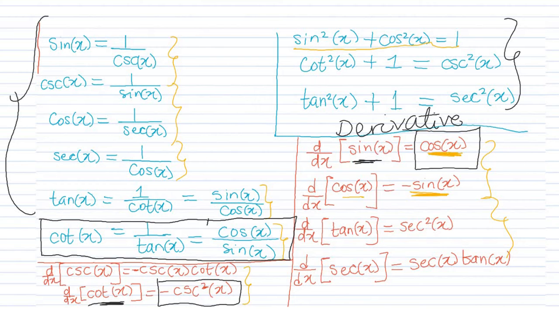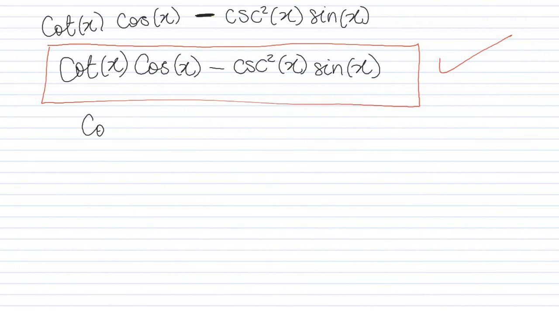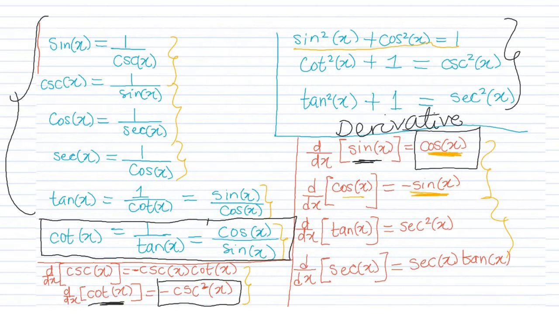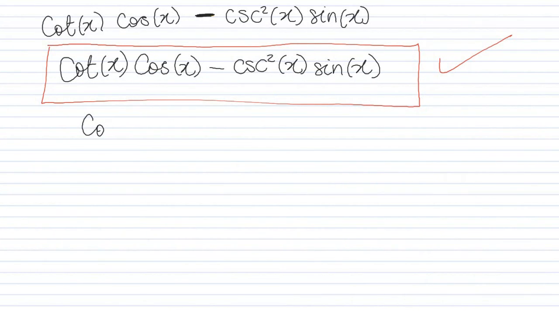Because we're trying to cancel things out, we realize that we do not in any way, shape, or form have any tan information in this work, so we don't confuse ourselves. So we pick the other one, which is cosine x divided by sine x. So let's do cosine x divided by sine x, and that represents the cotangent x multiplied by cosine x minus, now you have cosecant square x and sine x.